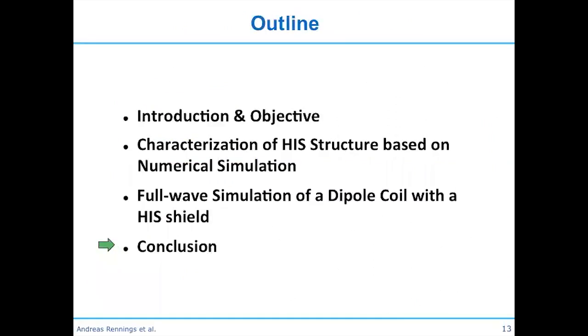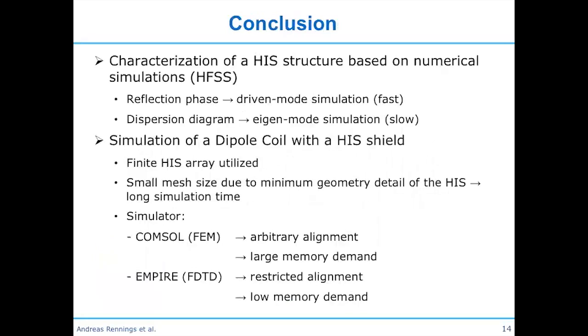Yeah, finally, I would like to conclude my talk. I showed to you how we can characterize this HIS structure. There is the reflection phase property. This more or less explains the high impedance surface behavior, you know, when you have the reflection coefficient of +1 instead of -1 for a metal reflector.